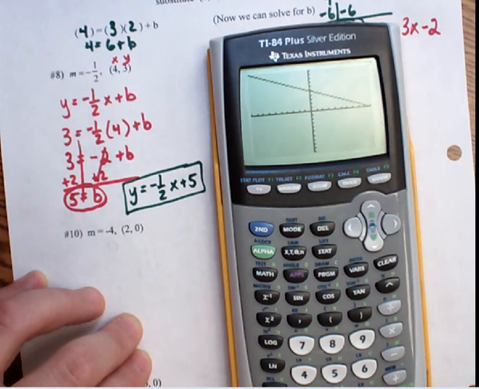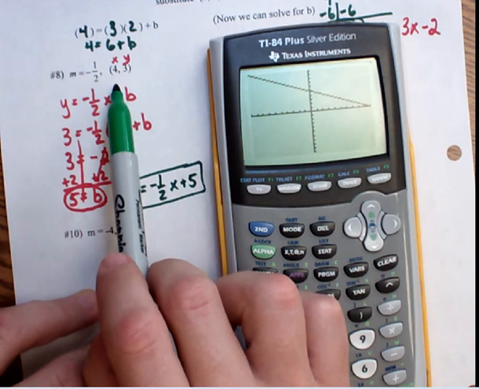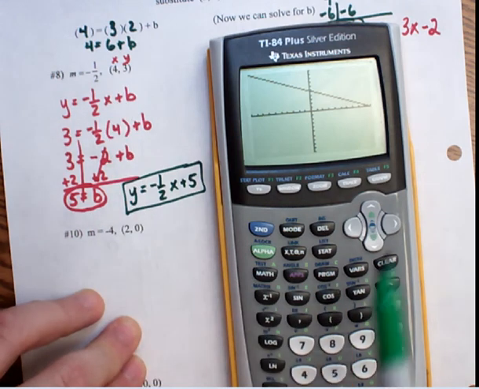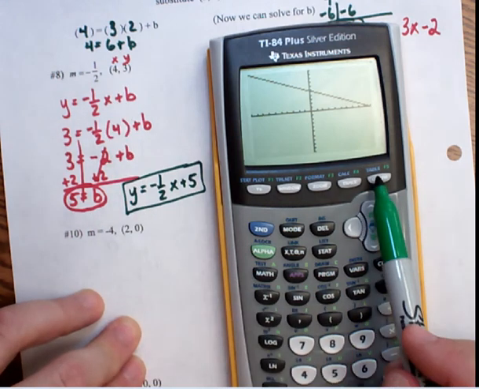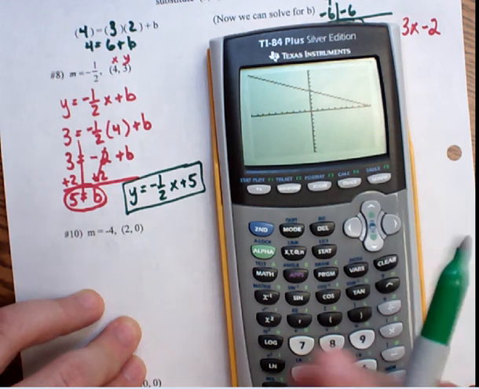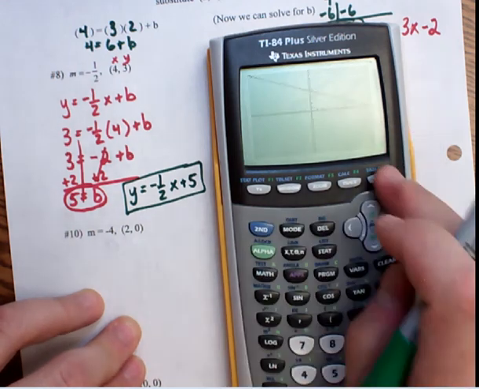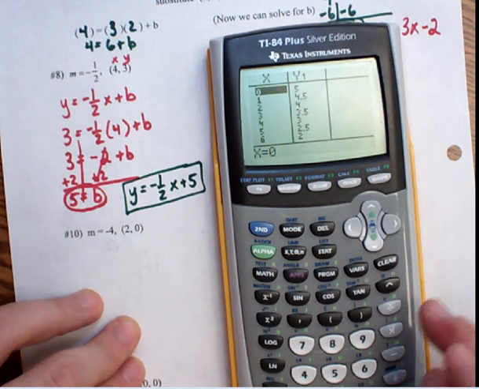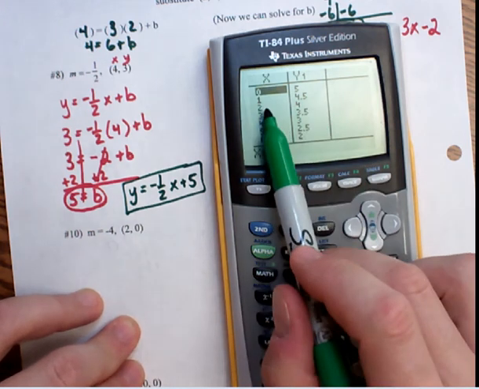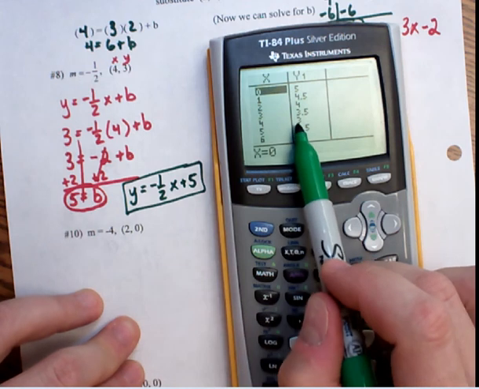Now that doesn't really help me check. The question is, is 4 comma 3 really on this line? Did I do this right? I can go to the table. The table's in blue, right above the graph button. Second graph. Do we see 4 comma 3? X is 4, y is 3, we're good.